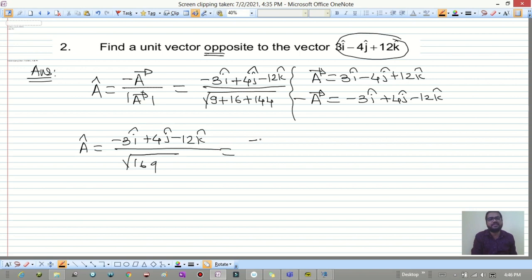Root 169 is 13, and that is the reason we have the answer as minus 3i hat plus 4j hat minus 12k hat divided by 13. So this is the unit vector opposite to the given vector 3i hat minus 4j hat plus 12k hat. This is the second question.